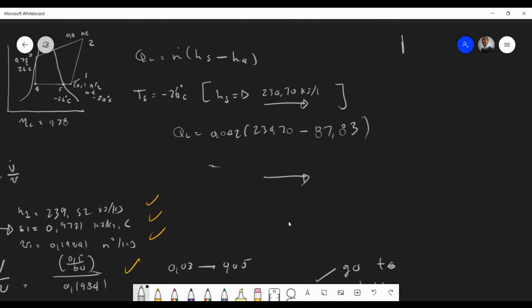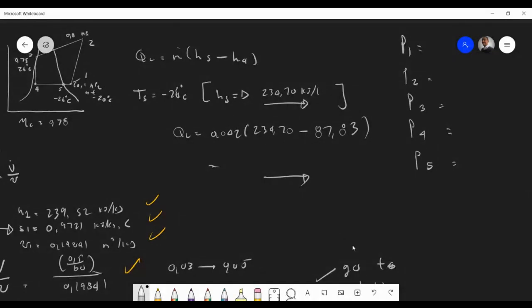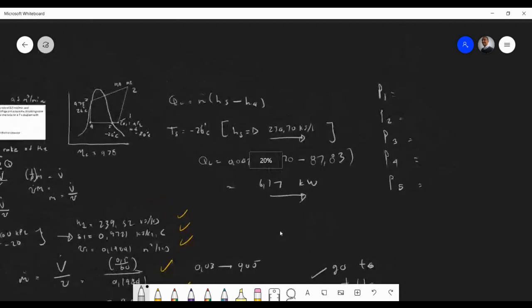Just compute that for me. So we work that out. You should have gotten 6.17, I think. Kilowatts. 6.173. Beautiful. Right?